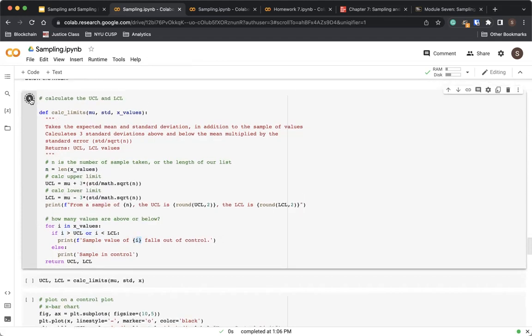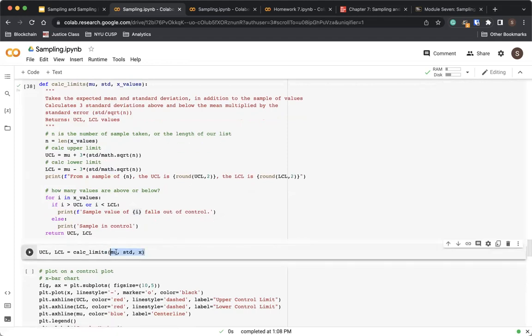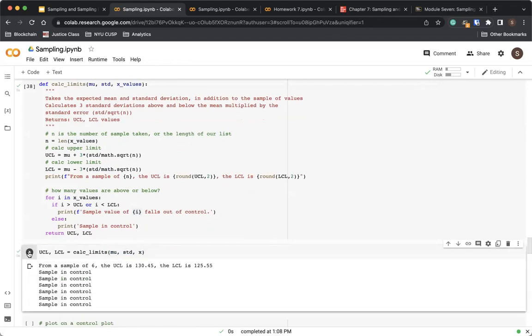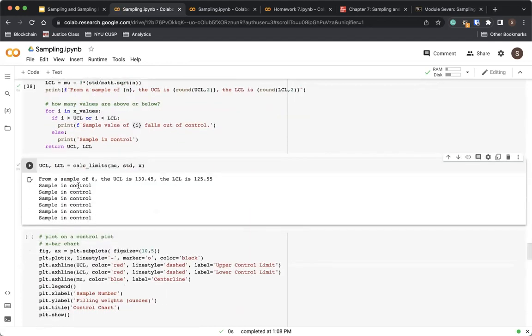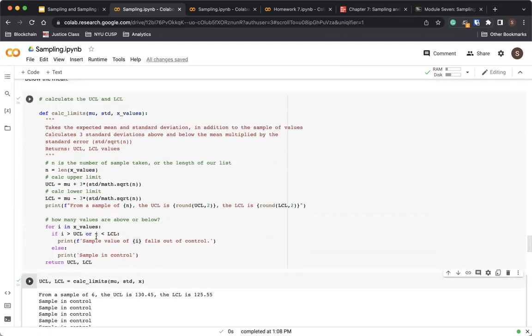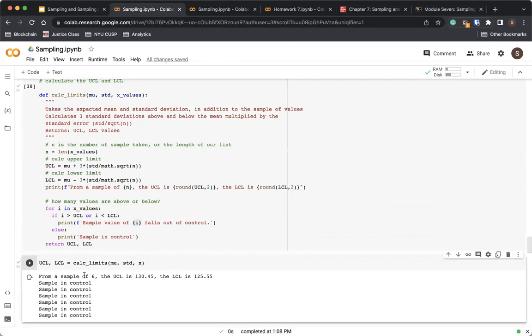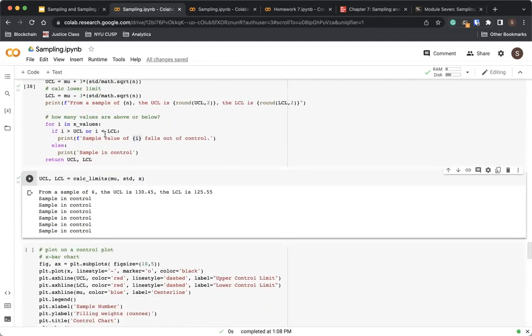So let me define that. And now I can just plug in our values of the mean, standard deviation, and the values of X. We can see it went through each of those 6 samples, and they're all in control. Intuitively, by eye, we could have just calculated this and compared whether any of these values are above or below, or we can automate that with this little function.